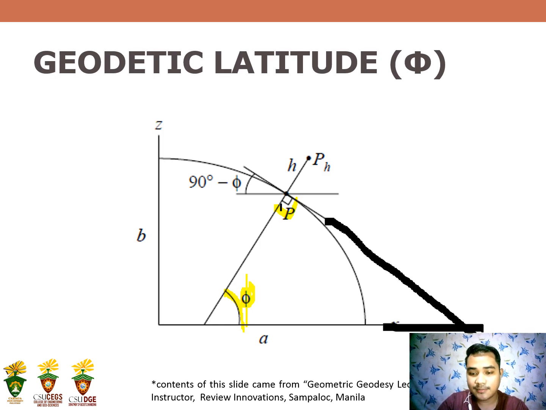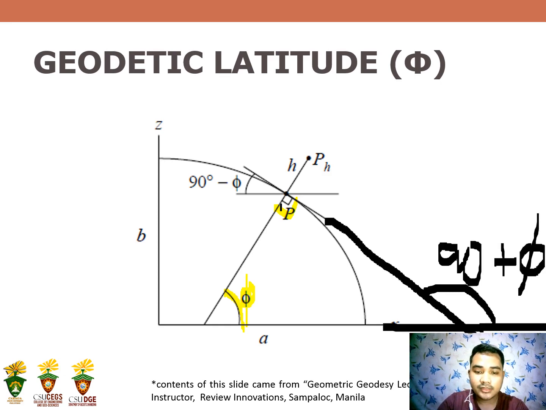So kani di ba nga angle is kato ang gi-discuss nga 90 plus geodetic latitude. So kani diri is 90 minus geodetic latitude. So same ani okay, since the law of the geometry applies so nganong 90 minus theta.